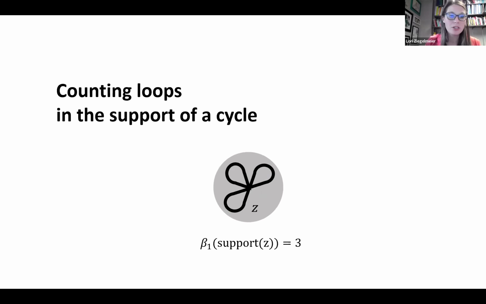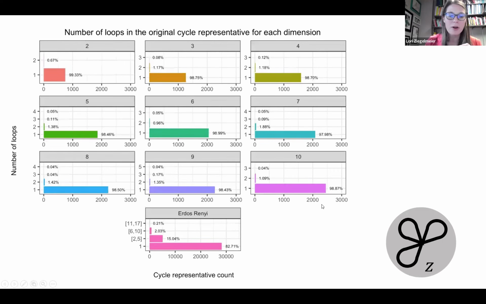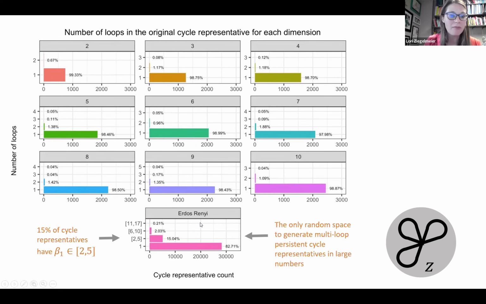If we look at the original loops of a cycle representative, it turns out that for standard distributions, original cycle representatives are not very loopy. So usually the support is just one loop. But we get qualitatively different behavior with the Erdős-Rényi random complexes.